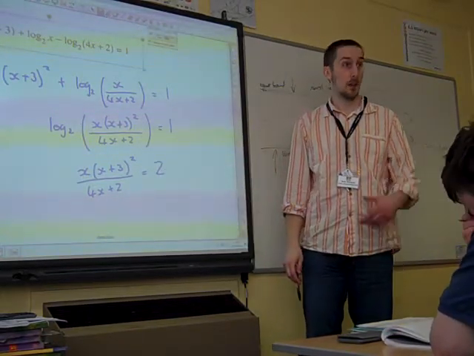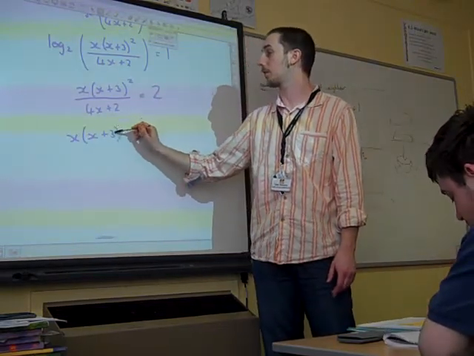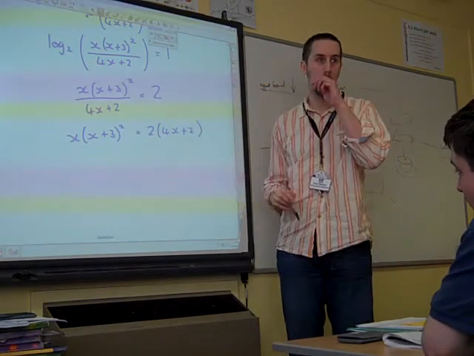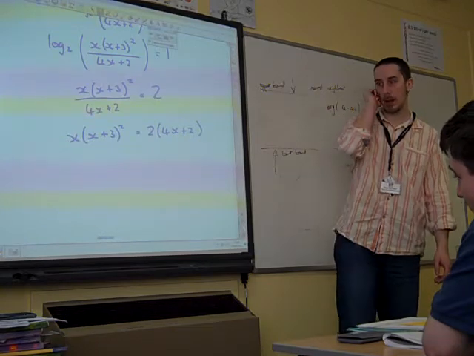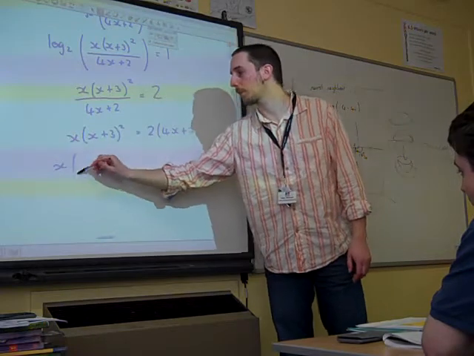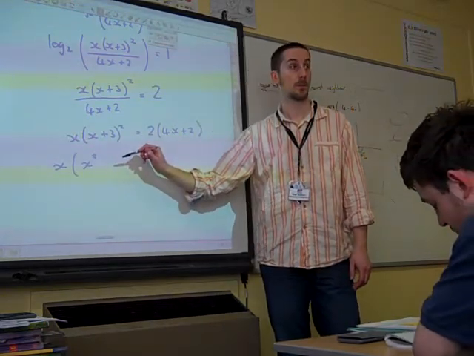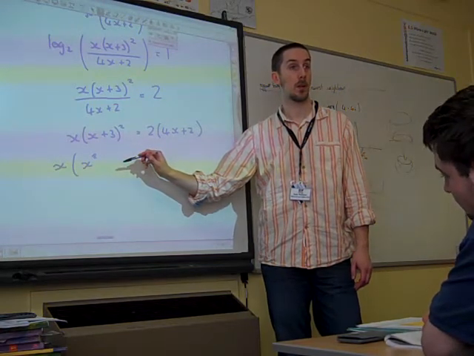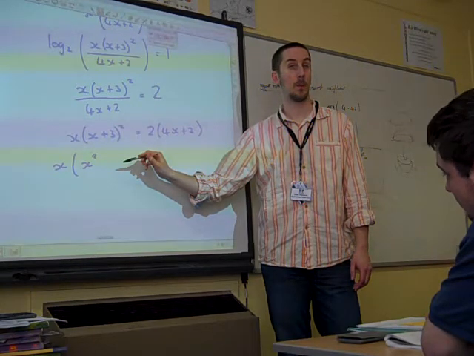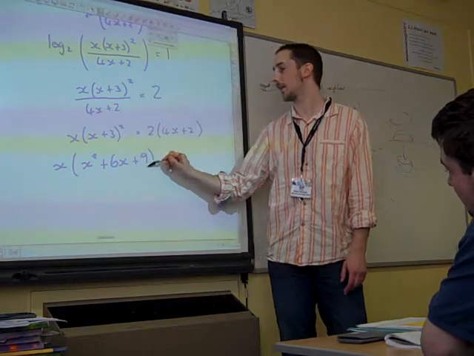Now we need to expand all this out again. We've got x times x plus 3 squared equals twice 4x plus 2. And what are we going to do with all of this, with the brackets? Multiply it out. So what do you get when you multiply out x times x plus 3 squared? x squared plus 6x plus 9.